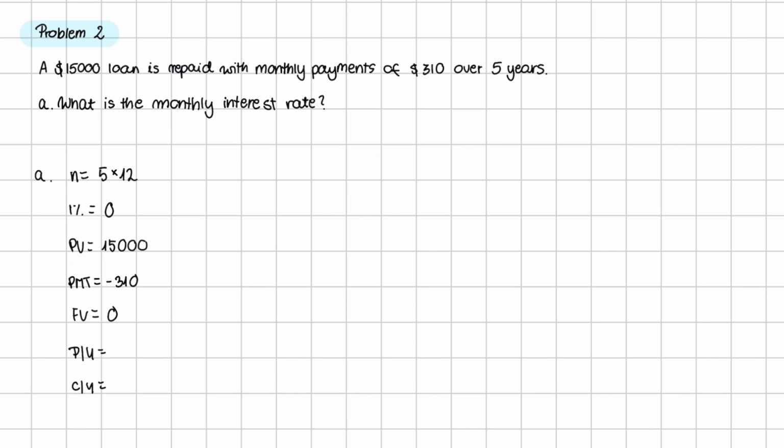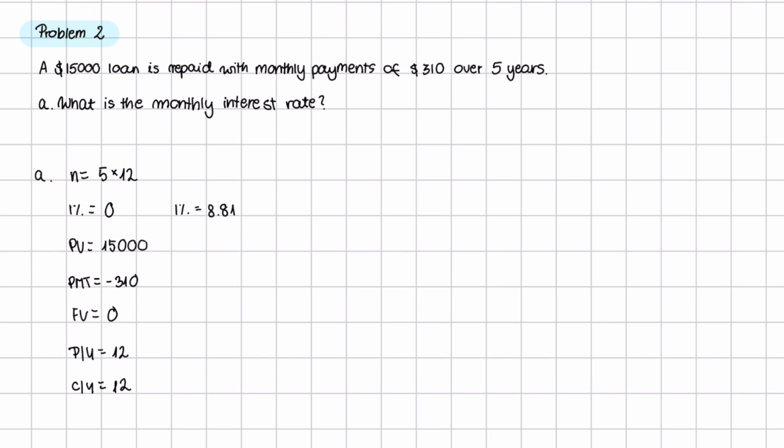And P/Y, it's 12, because we have monthly payments, and C/Y is 12.